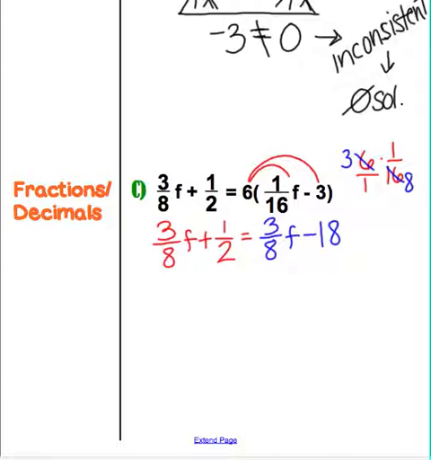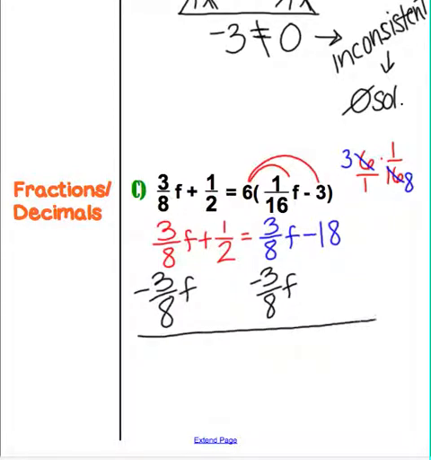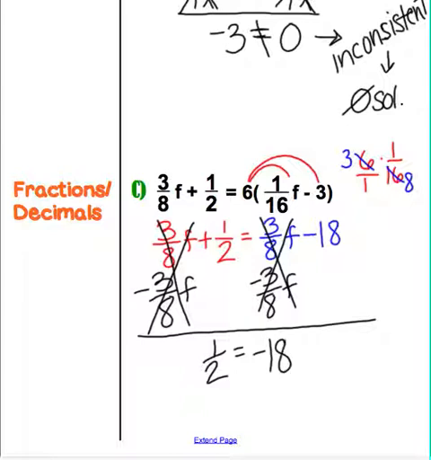So I'm going to subtract 3/8 f from both sides, which results in these canceling, leaving me with positive 1/2, and these canceling, leaving me with negative 18. However, 1/2 does not equal negative 18, so once again, this is no solution.